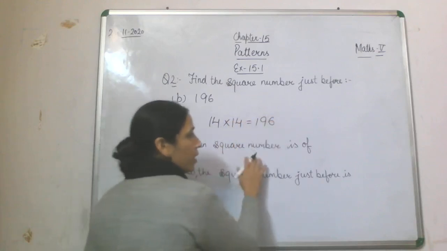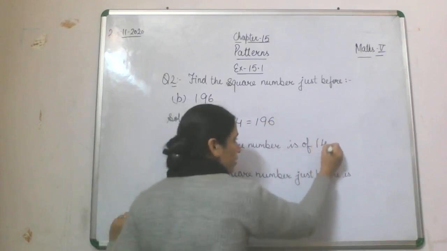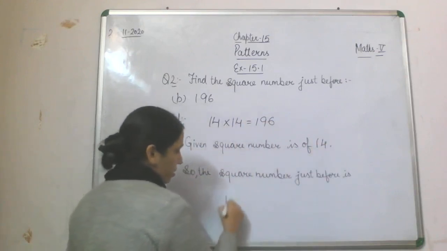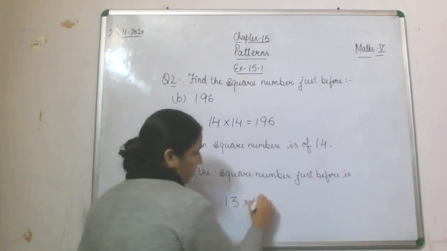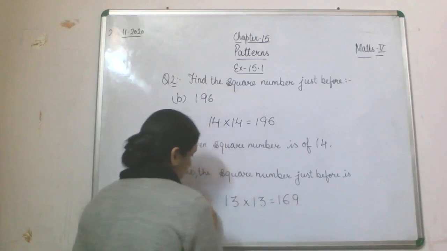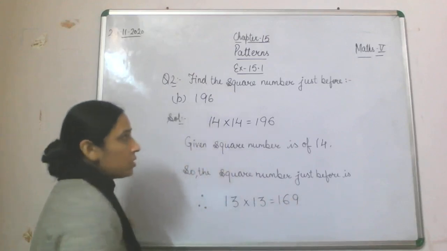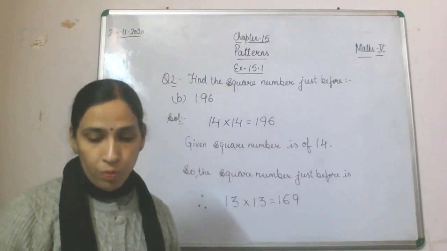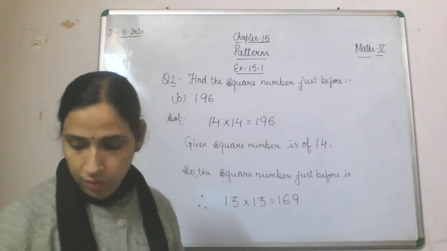So the given square number is of 14. So the square number just before is 13 multiplied by 13, that will become 169. I hope that is clear to you all.